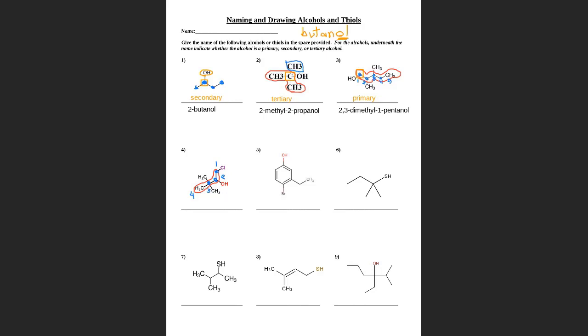So it's 1-chloro-3,3-dimethyl-2-butanol. Everything you said was right. You just said 1, 3 instead of 2. Very good. It takes some practice. It definitely does, but you are getting the hang of it.